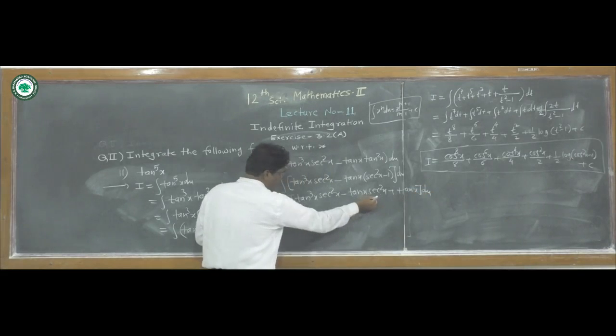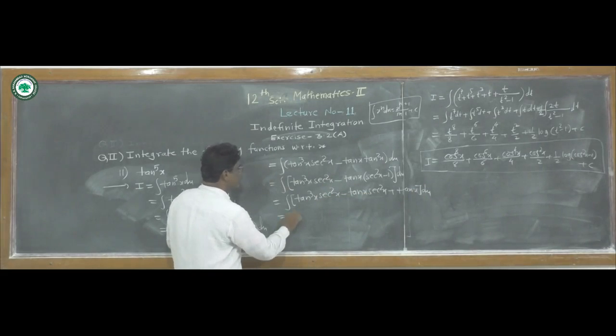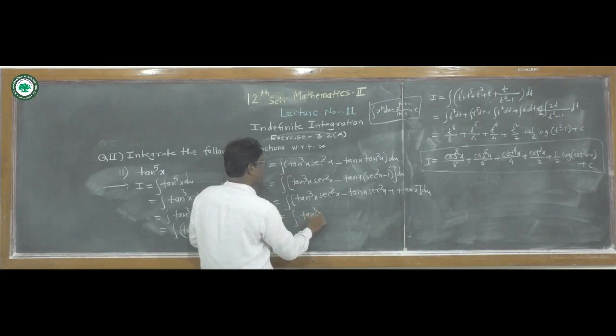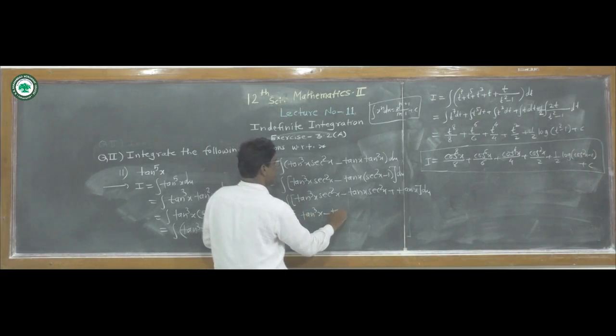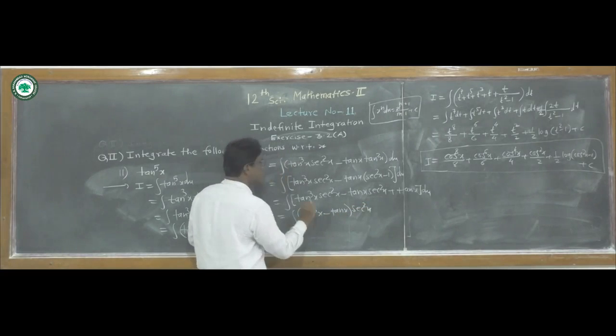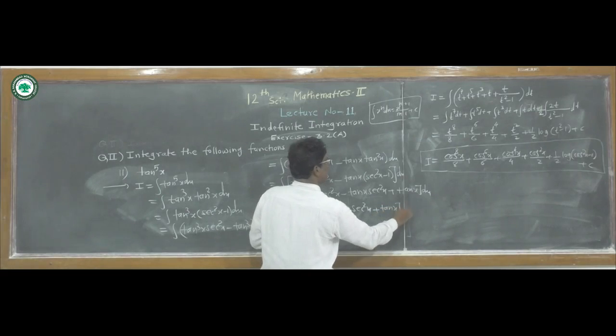Now from these two terms we take sec square x common, so it is equal to integration of tan cube x minus tan x into sec square x and plus this tan x dx.